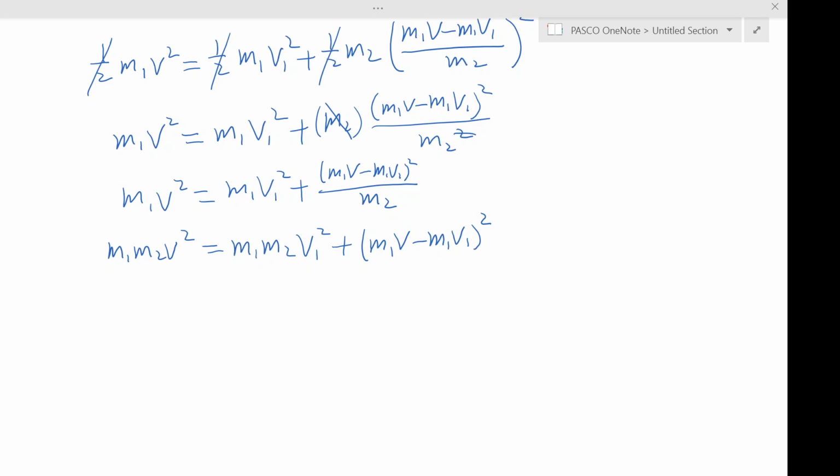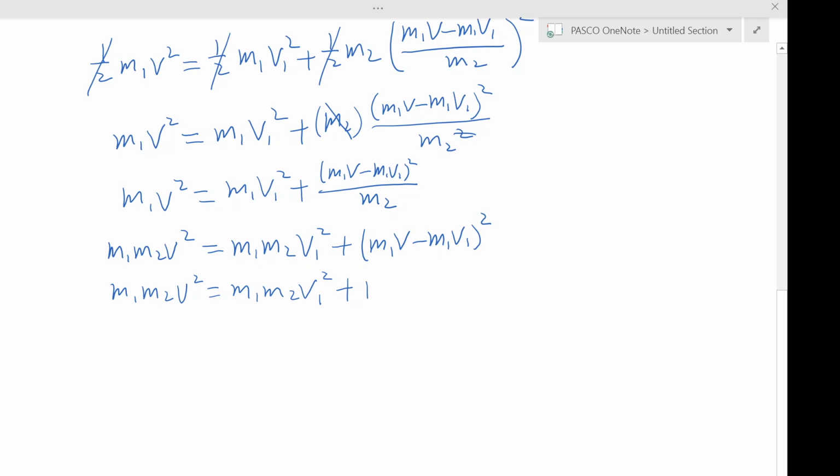And then we can actually cancel out m1. Can you see that? It's in here, it's in here, and there's an m1 squared here. Let me write one more step so you can see it better. In the bracket, I'm going to take m1 out, then I have v minus v1 left, right?